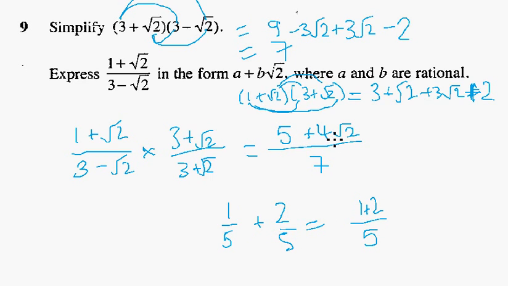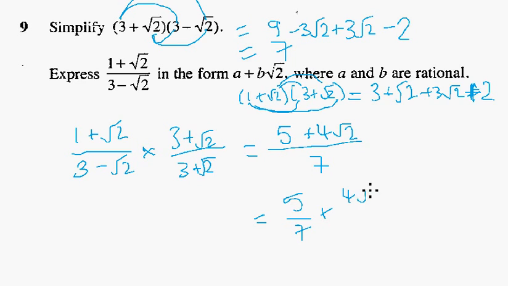If we've got 5 plus 4 root 2 over 7, that's the same as 5/7 plus 4 root 2 over 7.